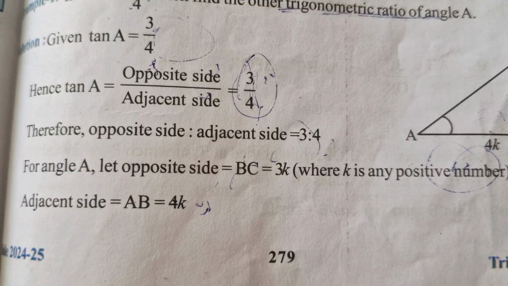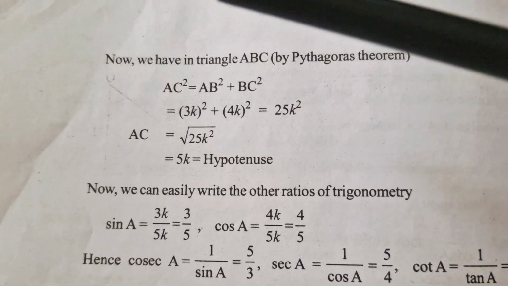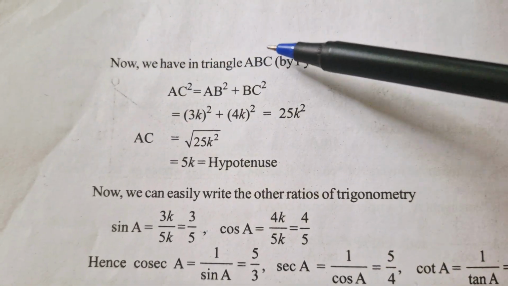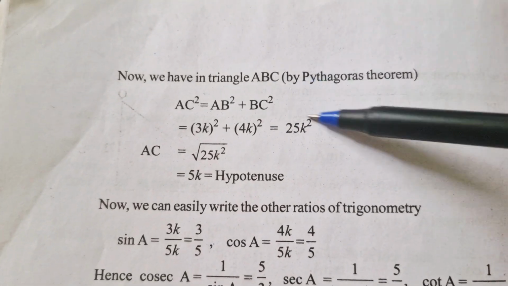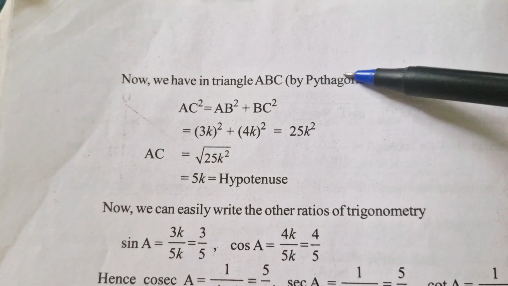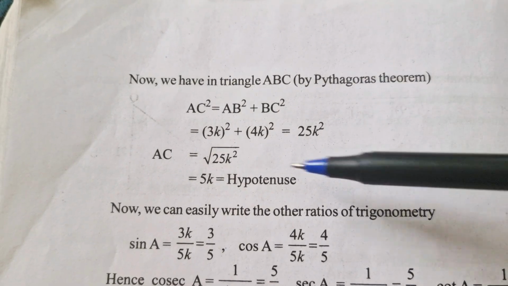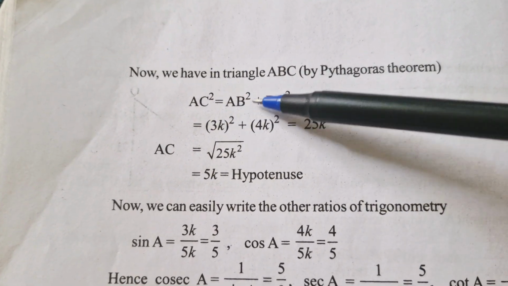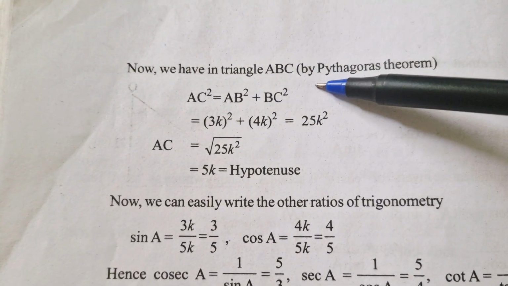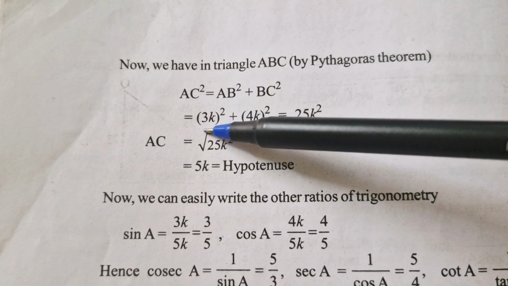Now we have triangle ABC. As I said in the previous chapter, let us apply the Pythagoras theorem for the right angle. AC square is equal to AB square plus BC square. They have given it in the question itself: AB is equal to 4K and BC is equal to 3K.